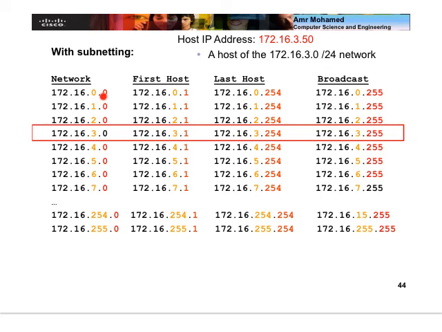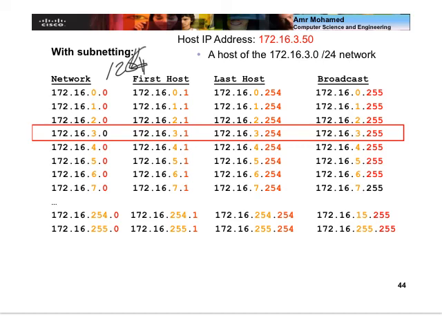The first subnet will have the subnet address 172.16.0.0, and the first host will be 172.16.0.1 all the way to 255 on that byte, and each of these networks will have a /24 subnet. So this way, how many host addresses did I lose in that case?